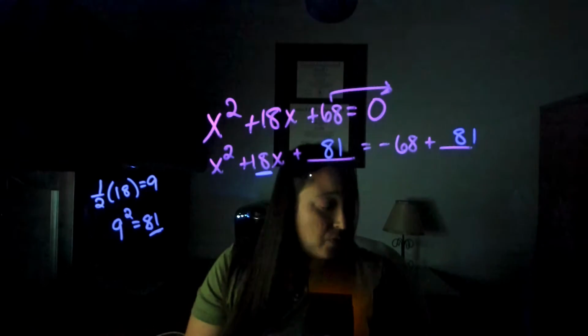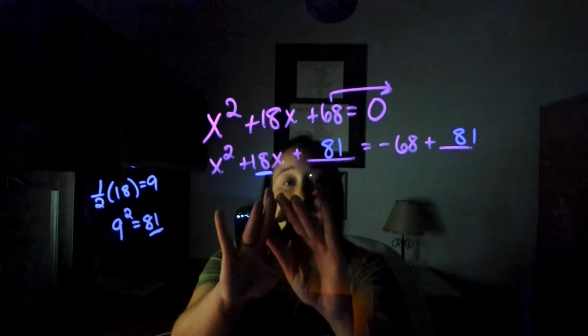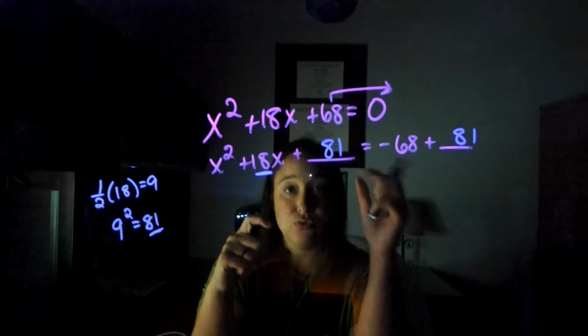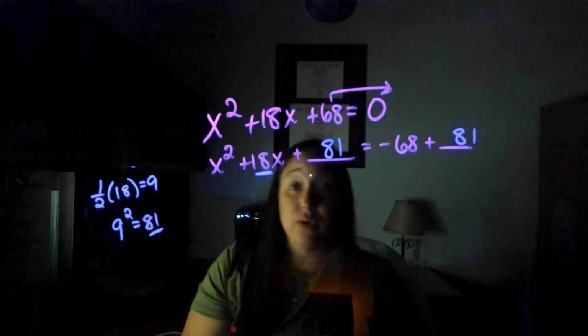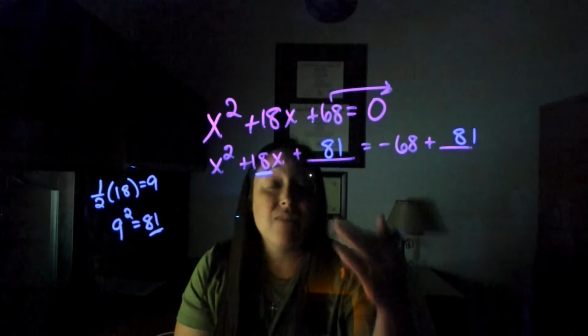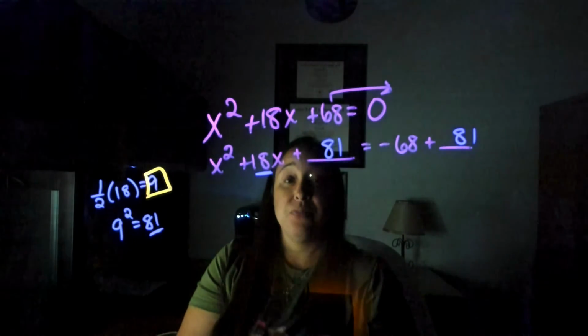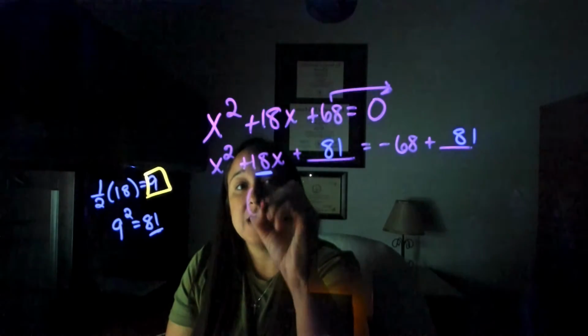Okay, so I've made this where I can factor this into a perfect square. It's going to be a binomial all squared. So what will it look like factored? I have what I need right here to factor this thing. That 9 is what's going inside of my parentheses.